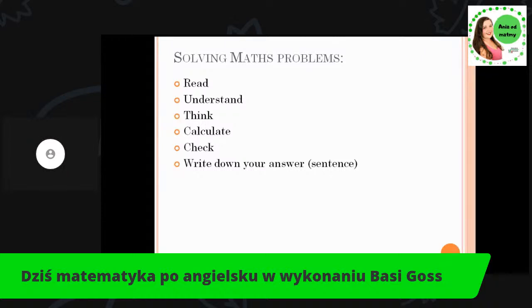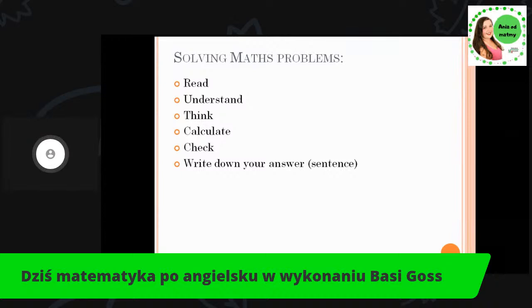Okay, so let's just repeat all the steps because we're going to use them when we solve some problems today. So the first step is to read the problem very carefully. We read because we need to understand what the problem is about. Then we give ourselves some time to think about that problem.